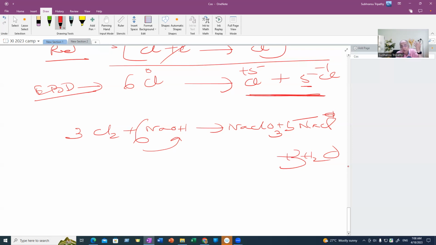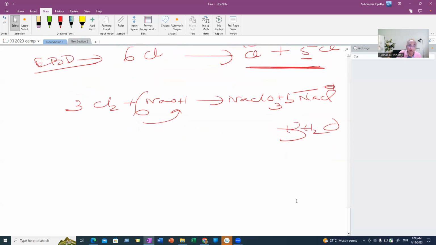If it comes to your mind, it's recorded in your memory, then well and good. Otherwise, you do it once again. Sometimes it is recorded to save time. Some important equations are required multiple times in reactions and in examinations. So if you have recorded those coefficients, then you can try and check. Without checking, don't rely much on your memory power.